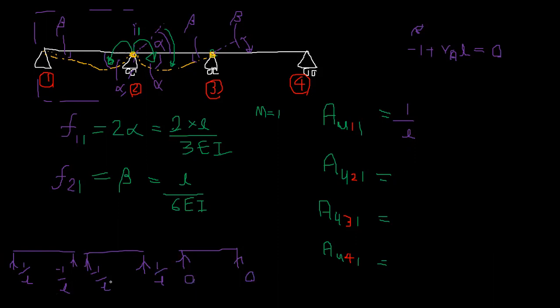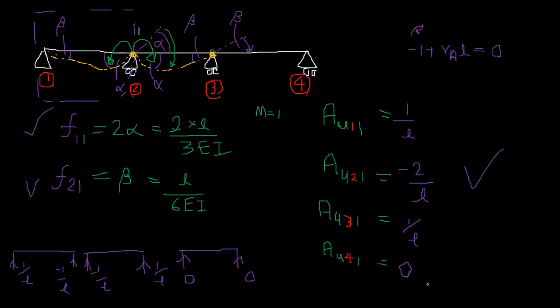So it's all going to be minus 2 over L. So here 1 over L, 0, right? Now the flexibility is done, the actions are done.